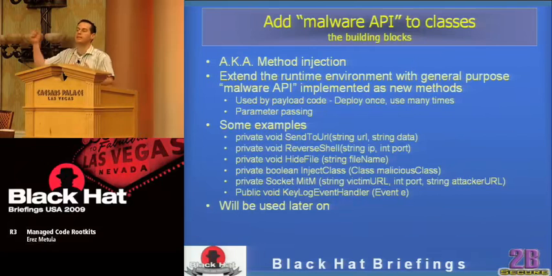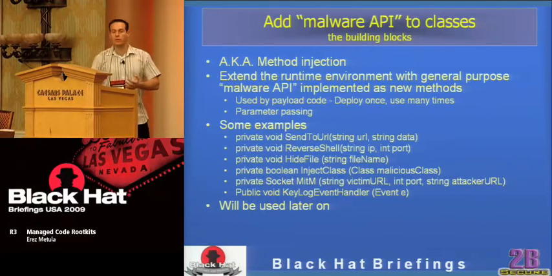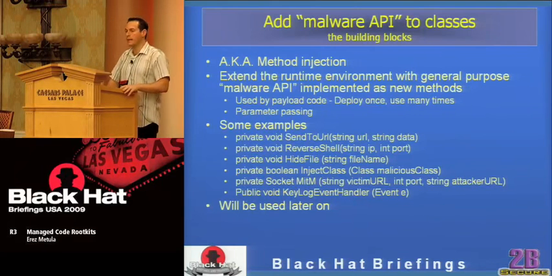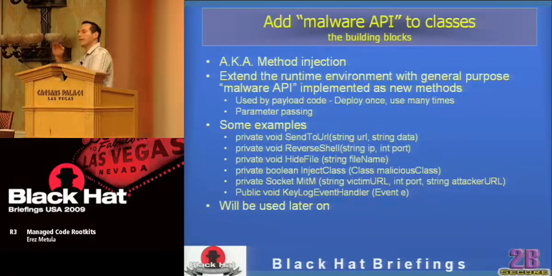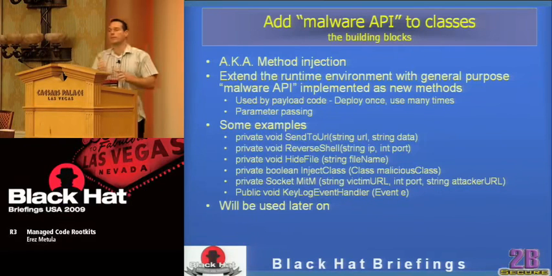Let's add a new method to the machine. So basically, I've extended the language. This is what I call method injection or function injection. Basically, I do it because I want to use some functionality, but I don't want to write the code over and over again. I wrap it as a function, and now all I have to do is pass the parameters that I want the function to use.